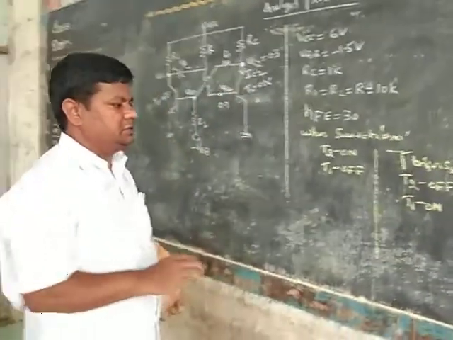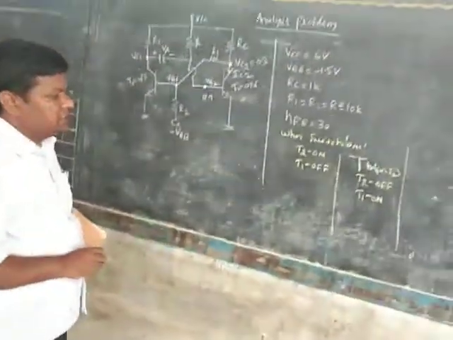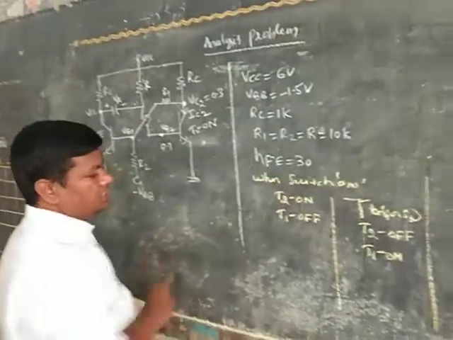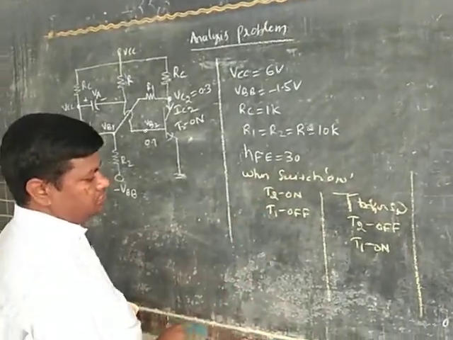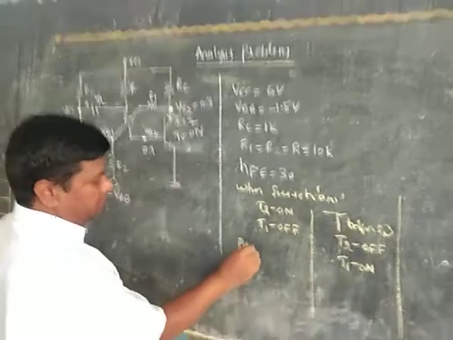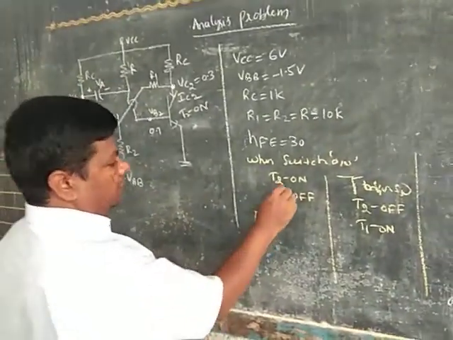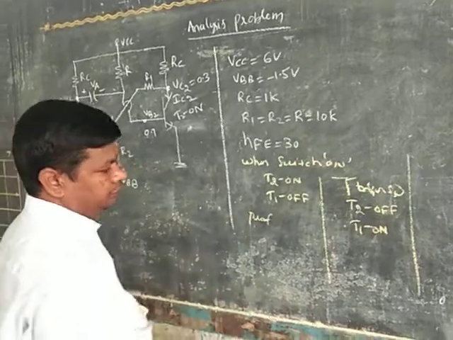That is the analysis. Once again, when we switch on the circuit, transistor T2 enters into on and transistor T1 enters into off. By using circuit analysis, we have to prove that T2 is on and T1 is off.